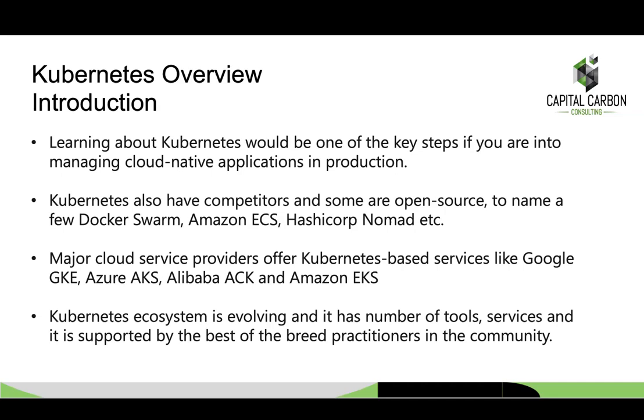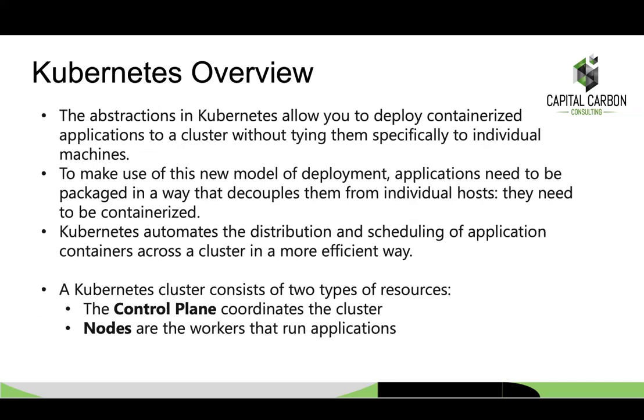The Kubernetes ecosystem is evolving and has a number of tools and services, and it is supported by the best of the great practitioners in the community. The abstraction in Kubernetes allows you to deploy containerized applications to a cluster without tying them specifically to individual machines.